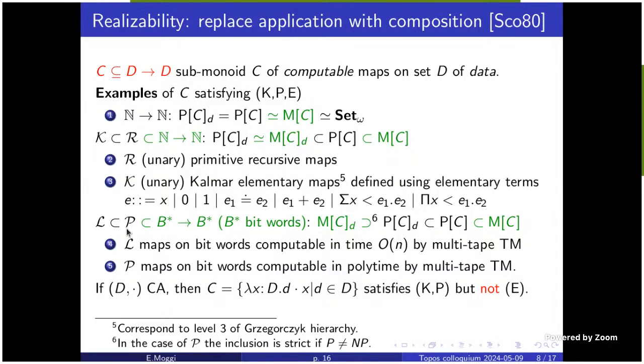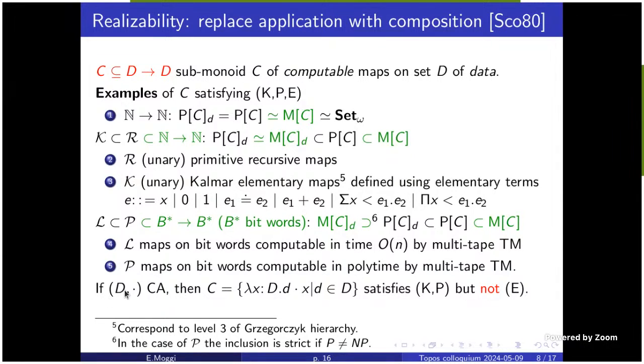The other examples that I want to consider are not monoids on natural numbers, but on bit words. So here, instead of natural numbers, I take strings of bits. And therefore, I can use notions from complexity theory. So I can consider the category of linear time computable maps, linear, or more precisely modulo constants, using, of course, multi-tape Turing machines, or polytime computable maps, again using multi-tape Turing machines.